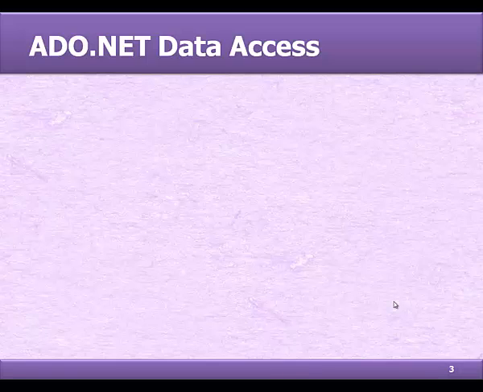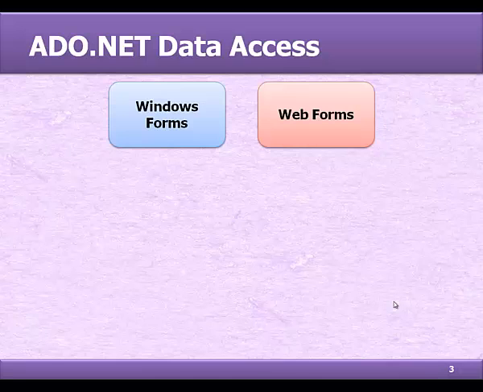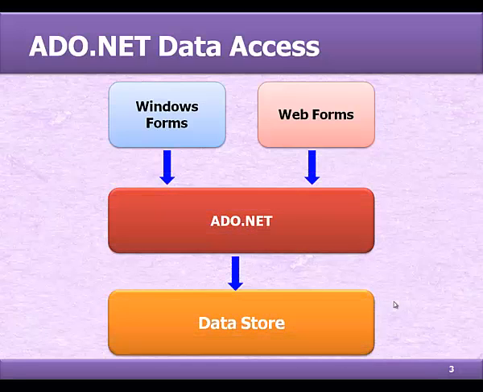So how is the data accessed with ADO.NET? ADO.NET sits in between the database, that is the data store, and the Windows Forms or the web forms. Windows Forms is basically the Windows applications, web form is the web application. You can connect any database or any data store with the help of ADO.NET to any front end.